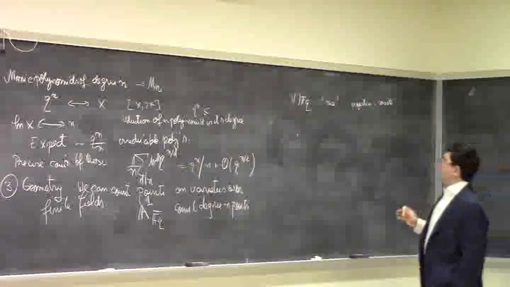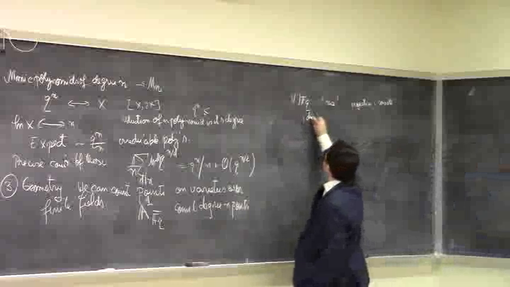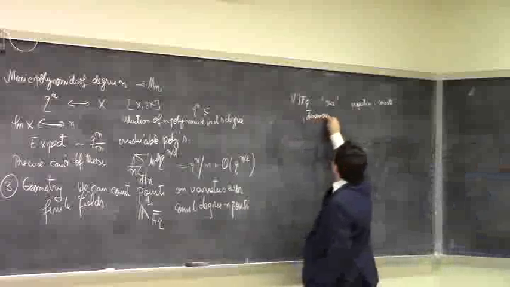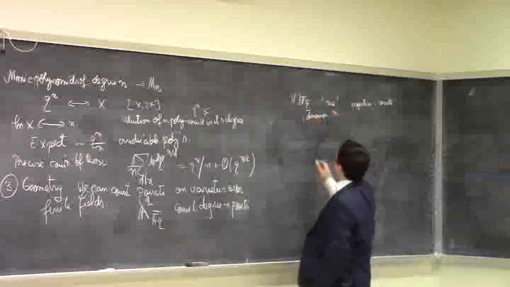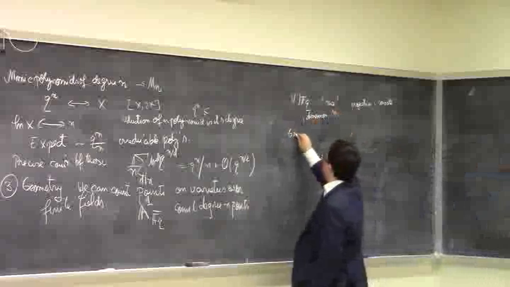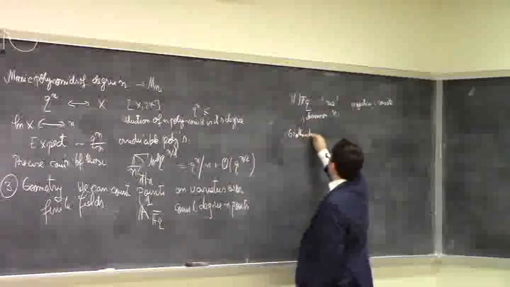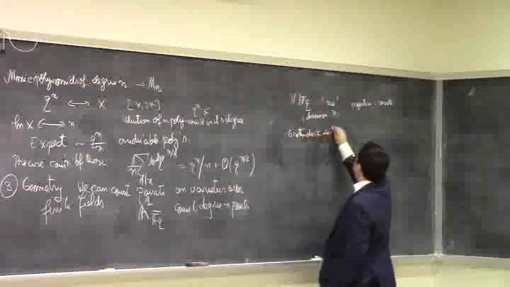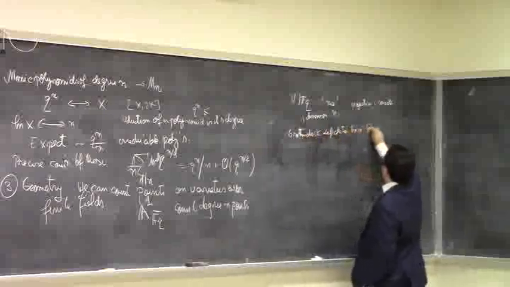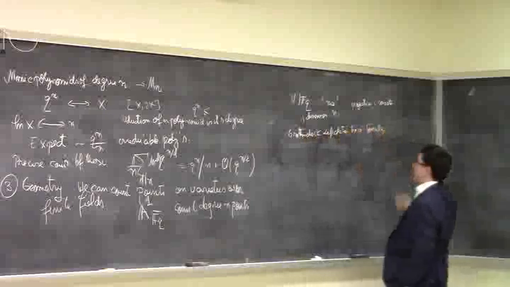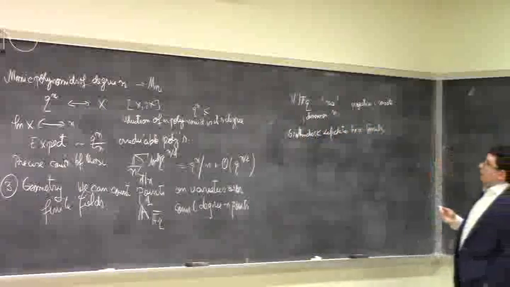Okay, and the idea is that, let's say the dimension is n. Then we have the Grothendieck-Lefschetz trace formula, which basically allows us to count points on this variety.